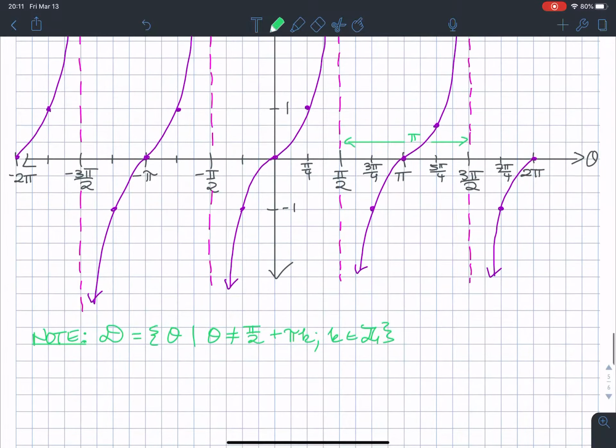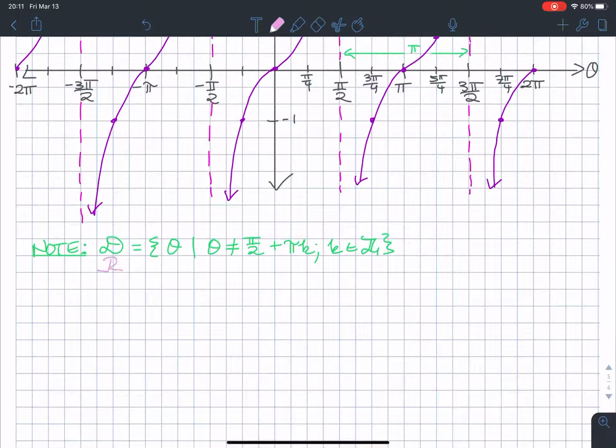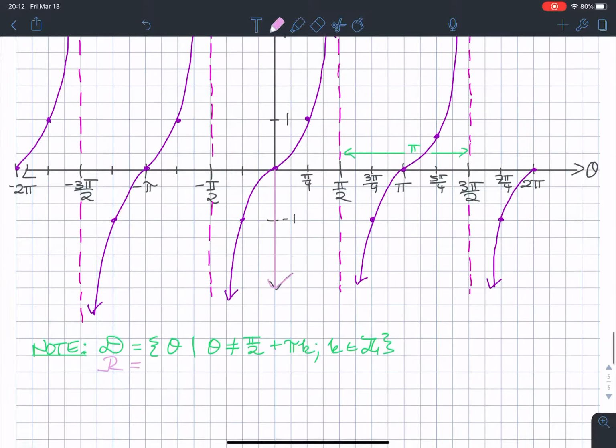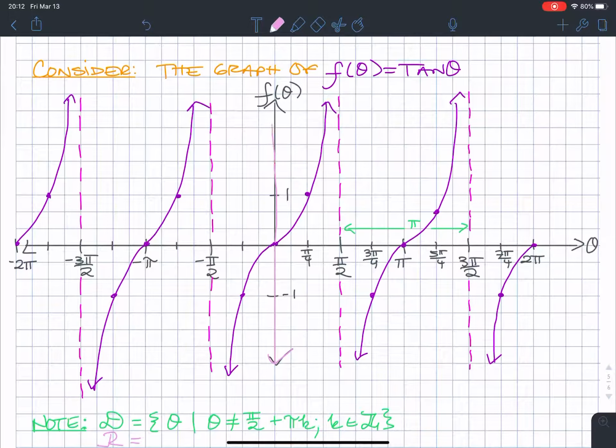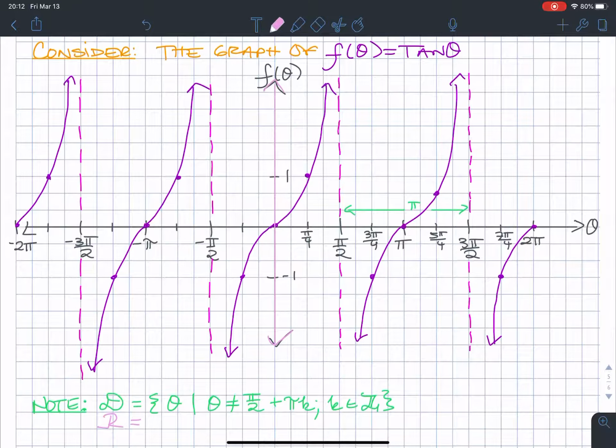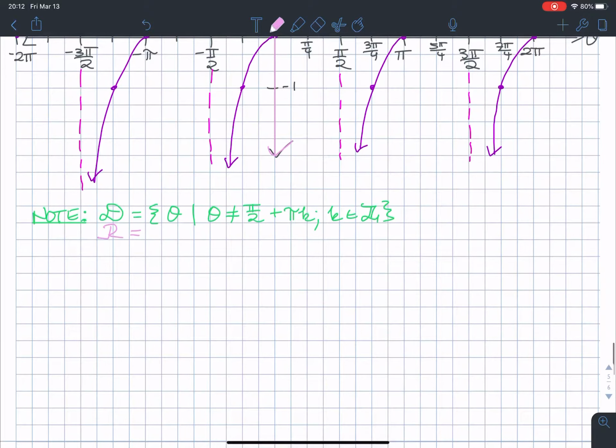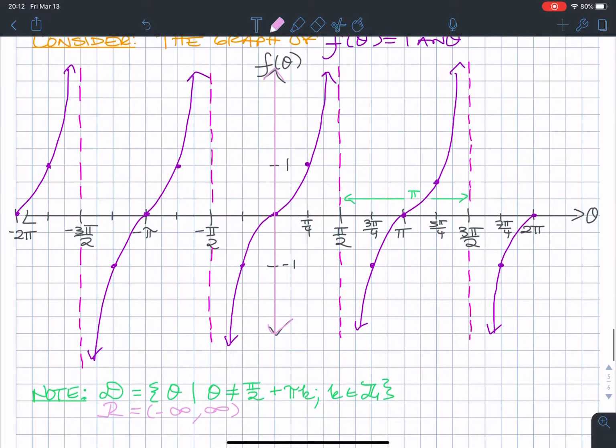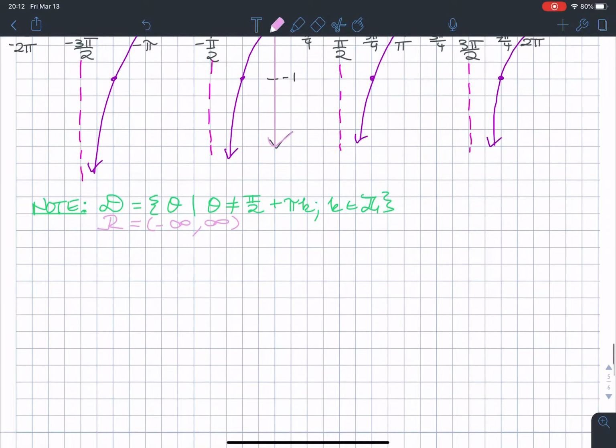And now let's look at the range. Looks like the range is unimpeded all the way from negative infinity on the y to positive infinity on the y. Remember, just cast a shadow of the function onto the axis. So the range goes from minus infinity to positive infinity. And I said that this repeats. It repeats the same graph between any two asymptotes. So notice that the period is now pi units.